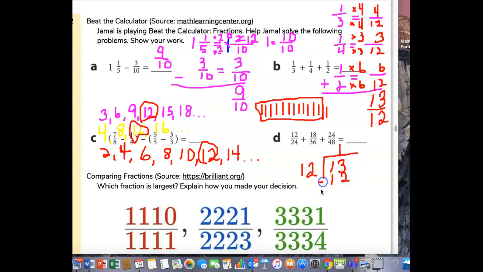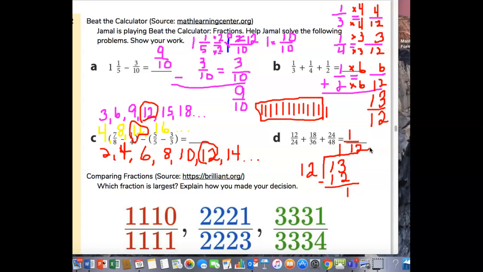And then we subtract. 3 take away 2 is 1. This 1, the remainder, becomes the new numerator, and this is the denominator. So the answer to B is 1 and 1/12. All right, I hope that helps. I'm going to leave 2 of them for you to do, and I'm sure you'll do just fine. And if you need help, let me know, but I think you'll be fine with it.